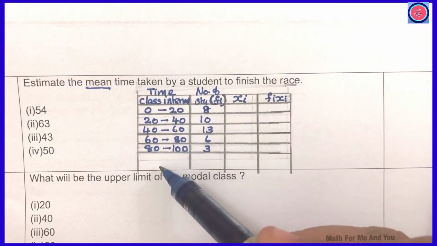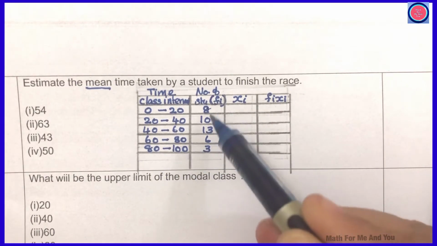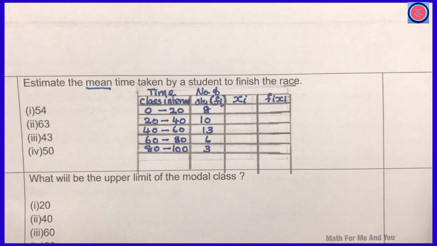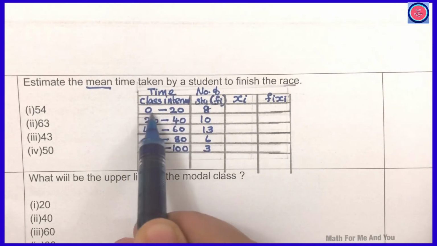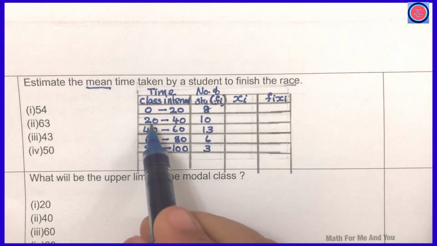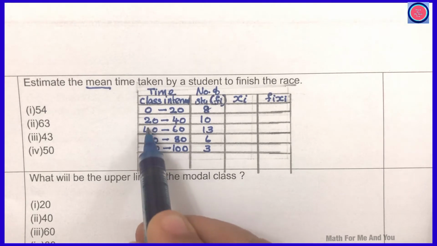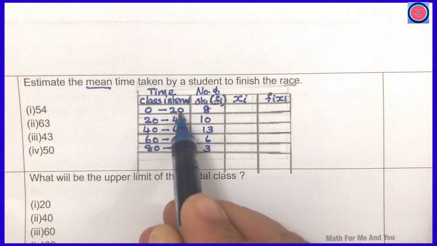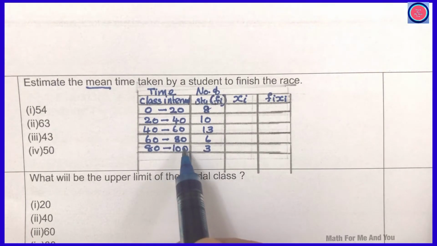Now you can say I have arranged the table like this with the class and frequencies. Okay, look at the first class 0 to 20. Small number 0 and big number 20. Small number 0, the name lower limit. Every class with the small numbers name lower limits and big number name upper limits. So all these are lower limits and all these are upper limits of the corresponding classes.